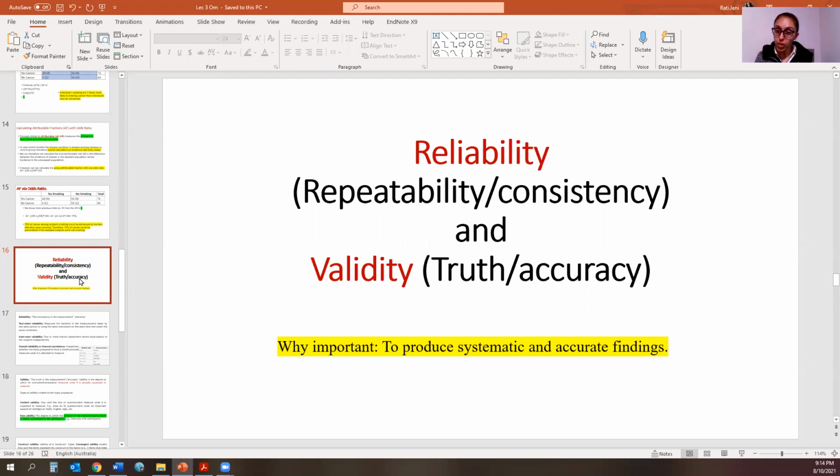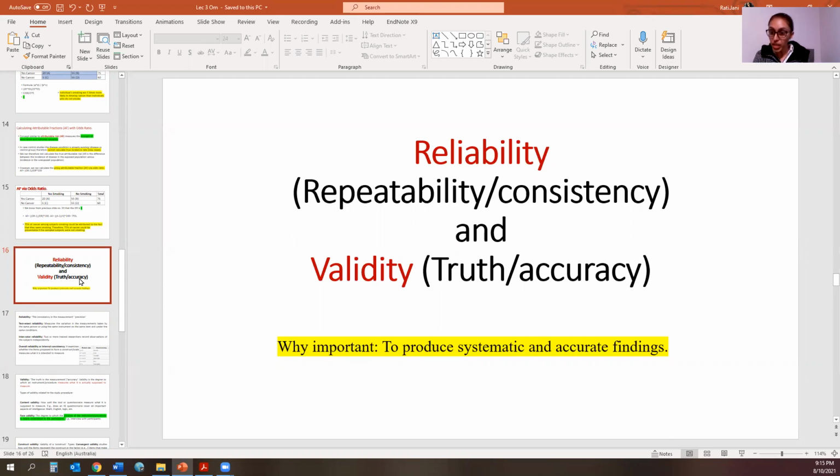Now with validity, what does it mean? It means truth and accuracy. A weighing scale should be able to measure weight, not show you height. When you stand on a weighing scale that is supposed to measure your weight in kgs, it should give you 52 kgs. It can't give you pounds. If it gives you something like 150 pounds, you'll freak out: oh my God, am I 150 kgs?